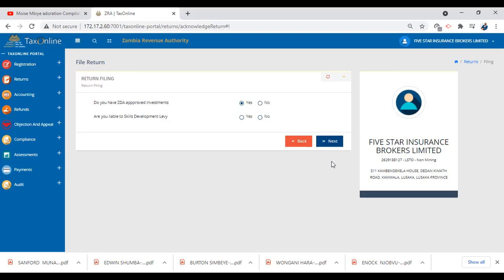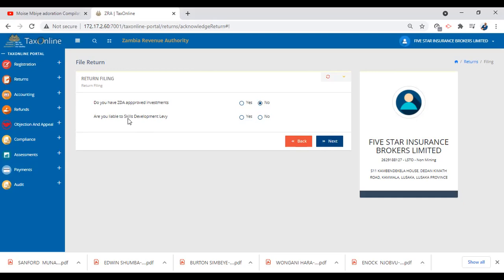They have certain rebates and commissions which apply. As a result, if they say yes, then the return will have to populate the rebates which apply. But in this case, we'll say no.